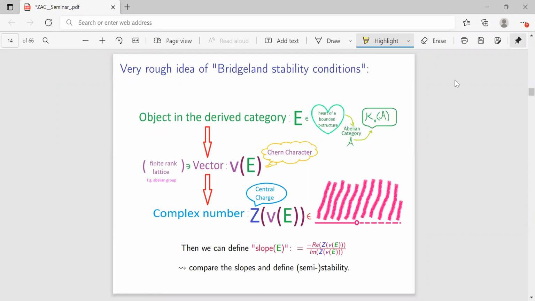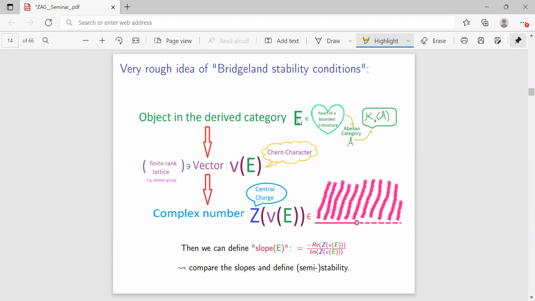So first, let's have a background on Bridgeland stability conditions, in case you are not familiar with this. First, very roughly, we have this picture, and then I make things more precise. So the idea is that you start with an object in the derived category, and you want to associate a complex number to it.